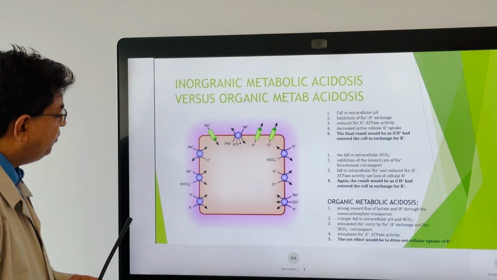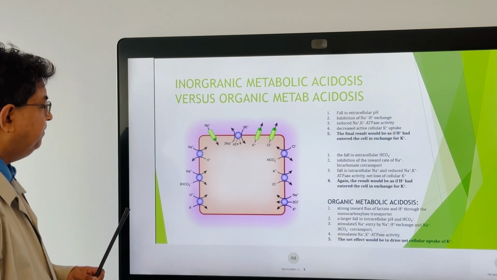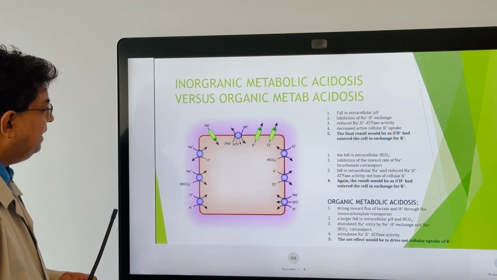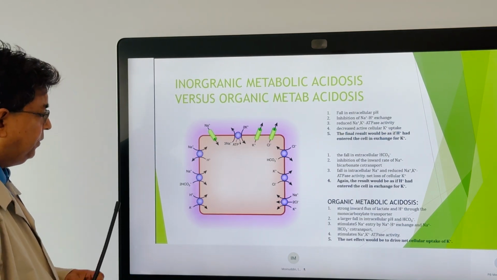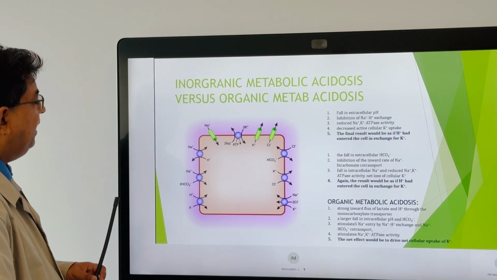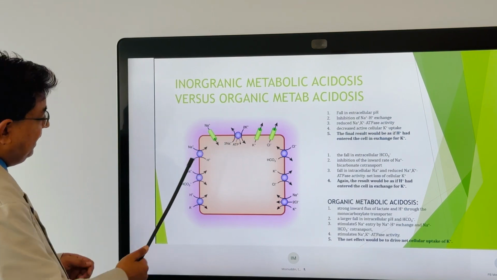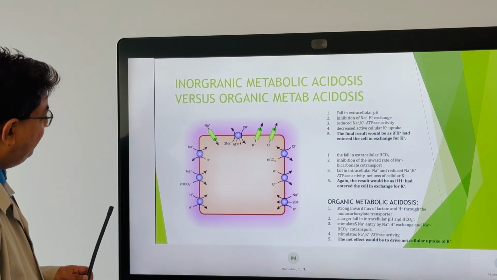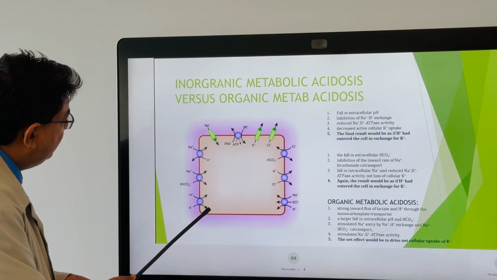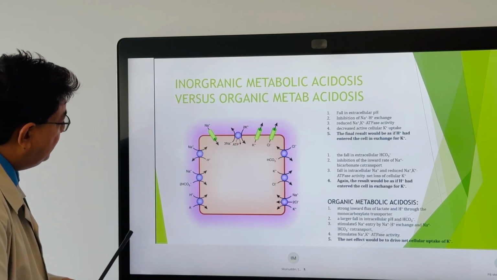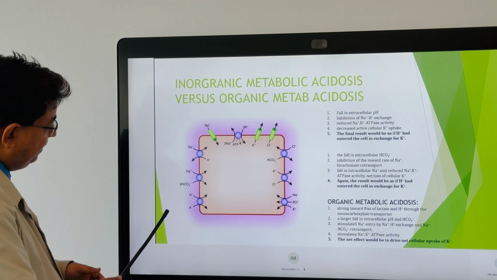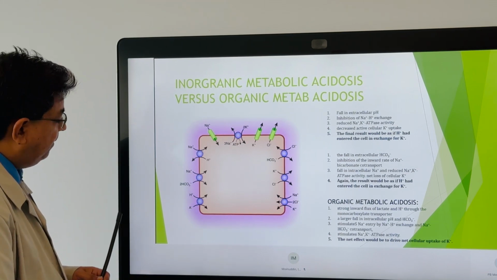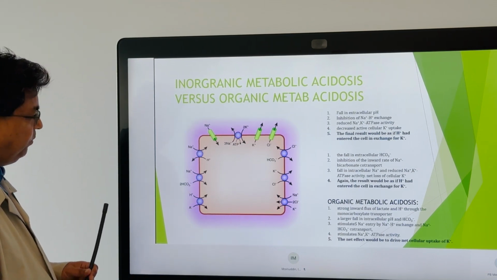So the thing to remember is that insofar as inorganic versus organic metabolic acidosis is concerned, you have the sodium potassium ATPase, the sodium proton exchanger, the sodium bicarb transporter, and the organic anion and proton co-transporter.